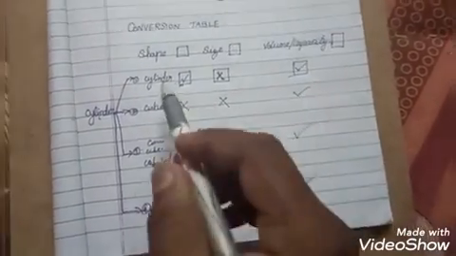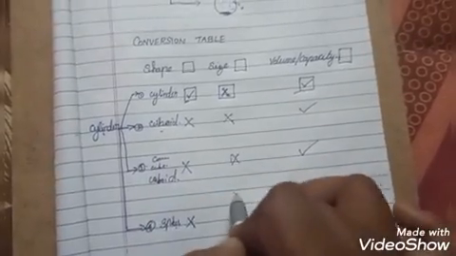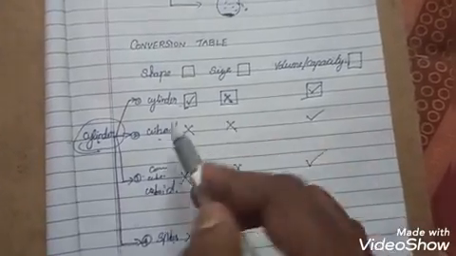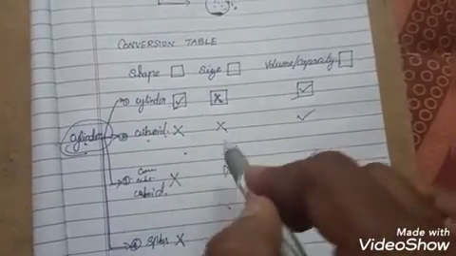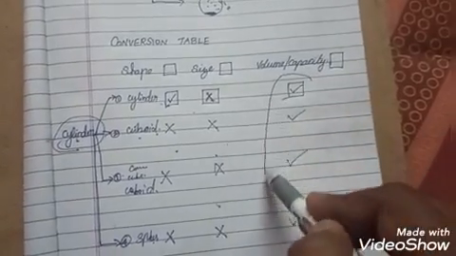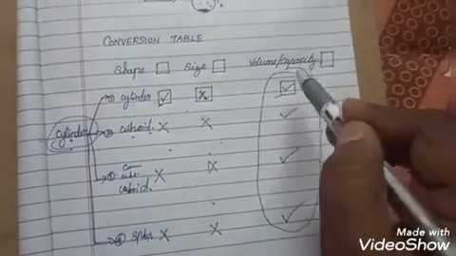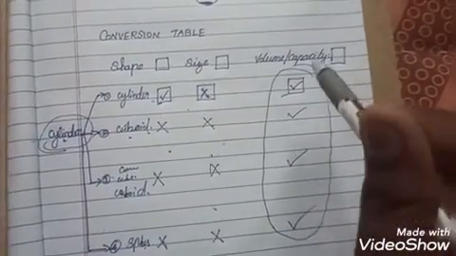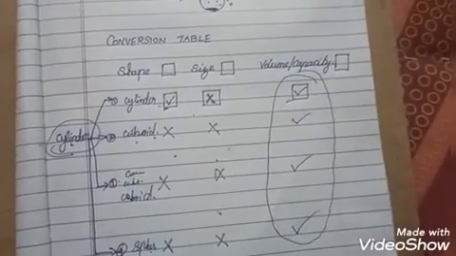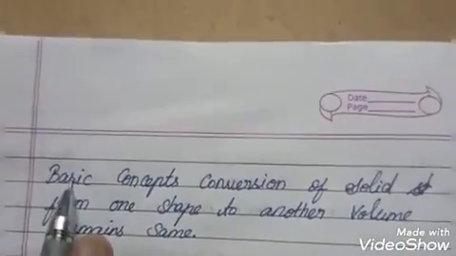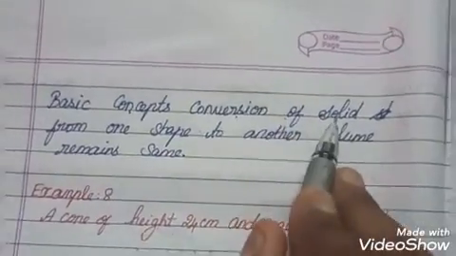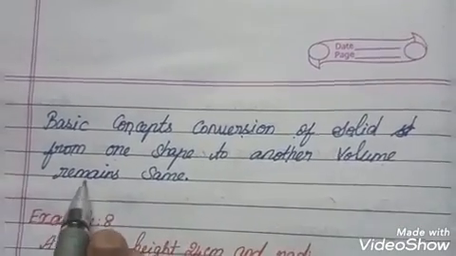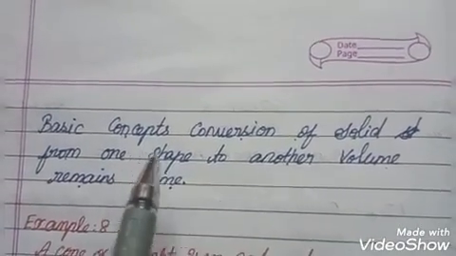Once you convert this cylinder into any other shape and size, they may differ, but across these four different types of shapes, the capacity is always the same. So what is the basic concept? The basic concept: in conversion of a solid from one shape to another, volume remains the same. Okay, volume remains the same.